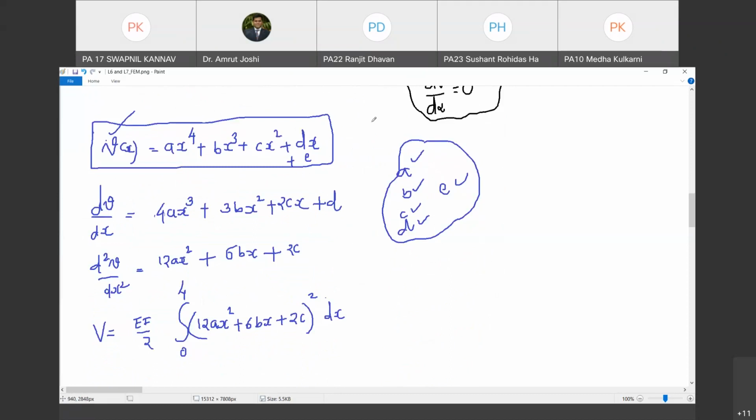Just give me a second. Let's go ahead. So EI by 2, this square, into dx. What next?